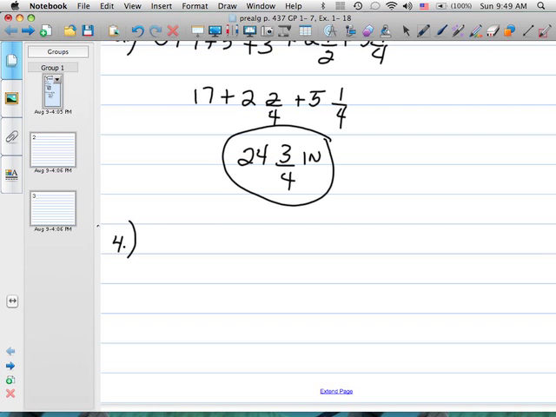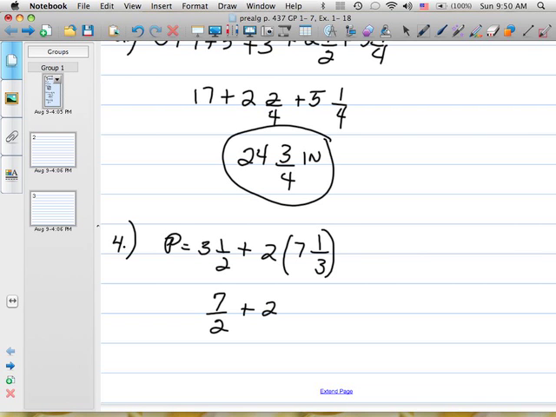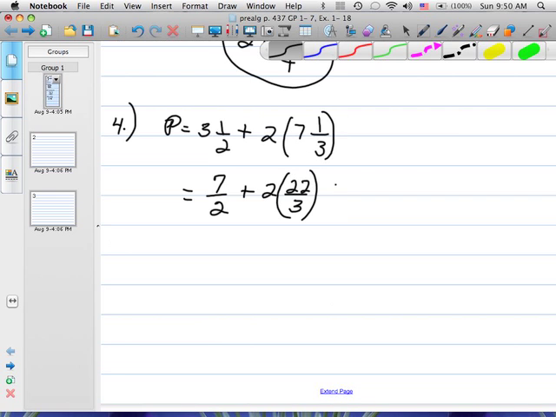Problem number 4 is an isosceles triangle. So we have the perimeter is equal to 3 1/2 plus 2 times 7 1/3, since those sides are the same. So if we change these into fractions, 7 halves plus 2 times 22 thirds, I get 7 halves plus 44 thirds.